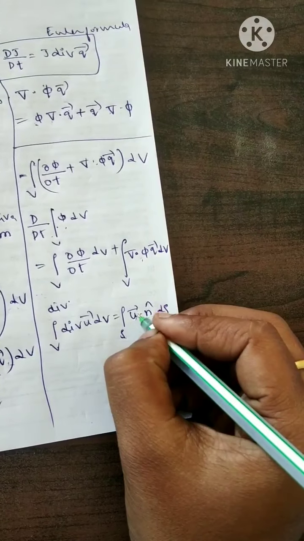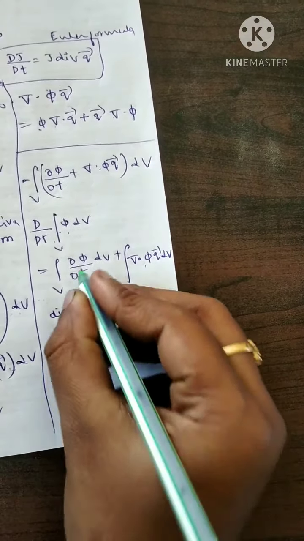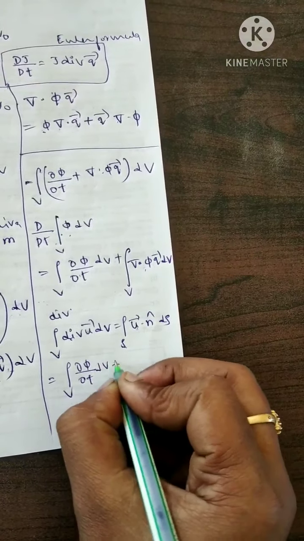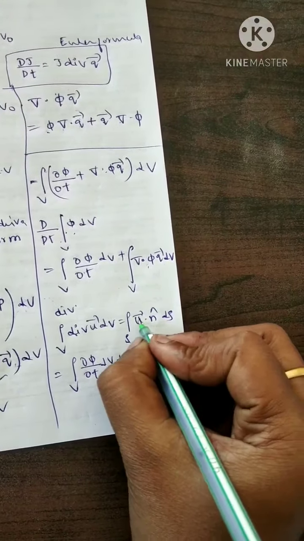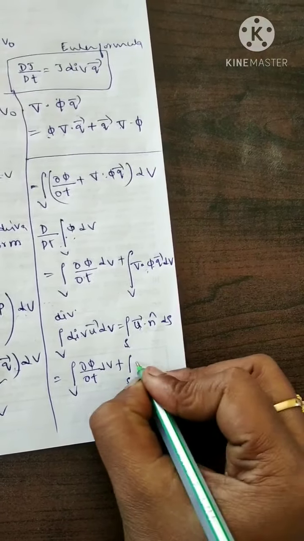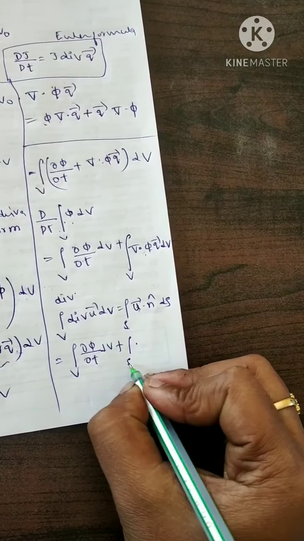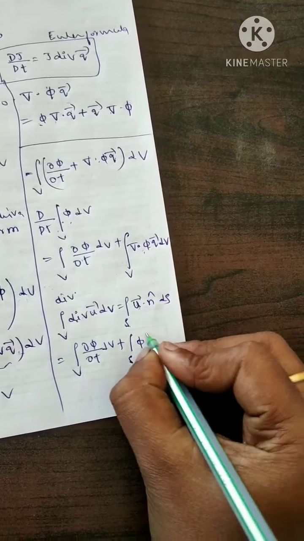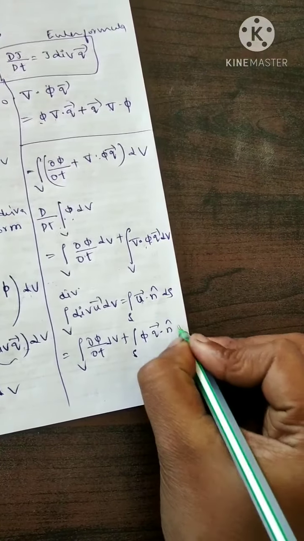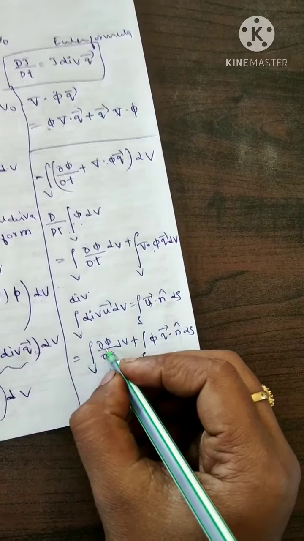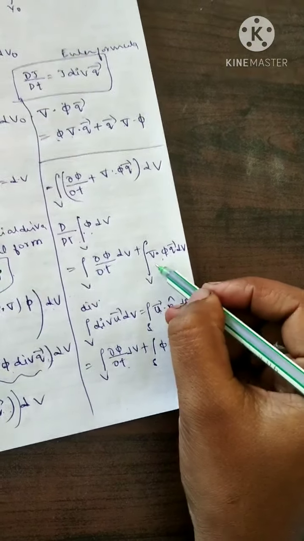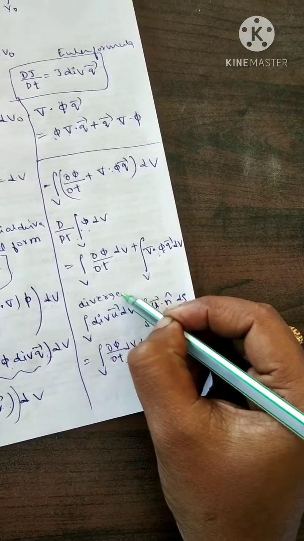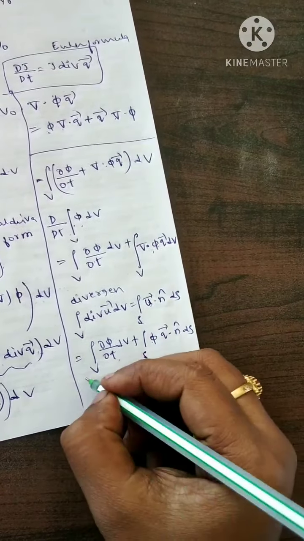So by applying this divergence theorem, I can write the RHS as integral of dou pi by dou t dv plus, see here, in place of u I have to write pi q. The volume integral I have converted into a surface integral by the theorem. So in place of u, let me write pi q dot n cap into ds. So dou pi by dou t dv I have written the same, and the divergence of pi q can be written by using the divergence theorem as pi q dot n cap into ds.